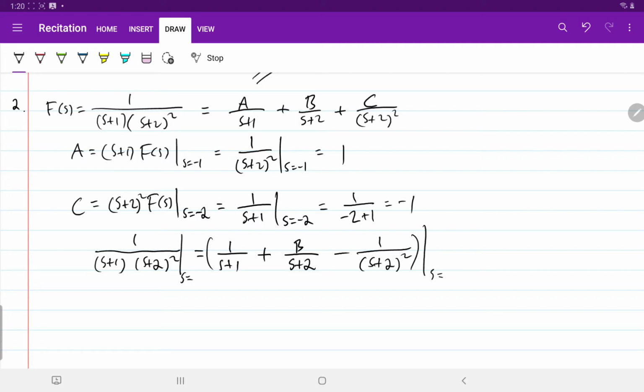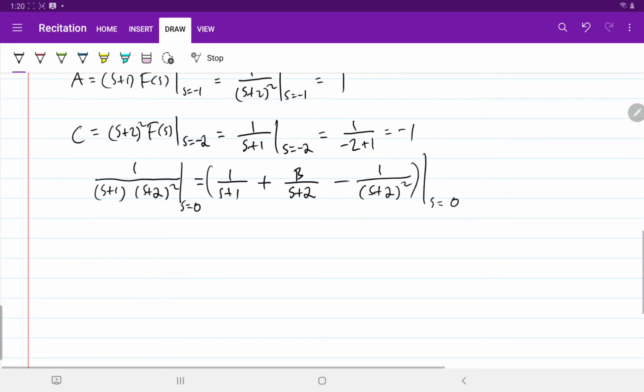The simplest s that is not minus 1 or minus 2 is 0, but you can also use 1, 2, 3, or anything else. Since 0 is the simplest one, let's just use 0.